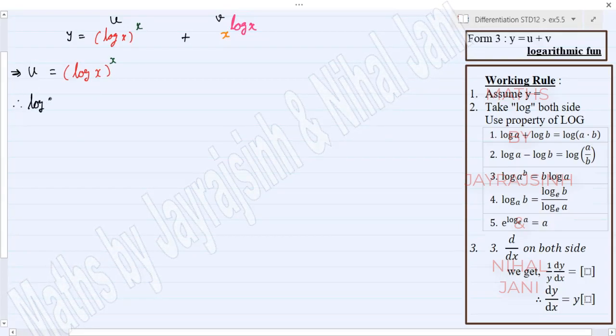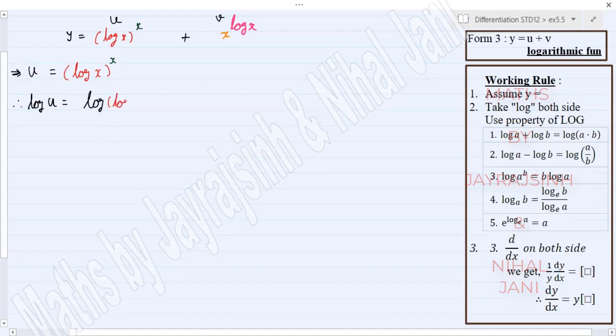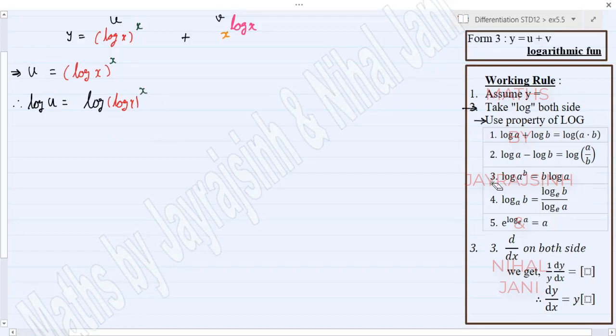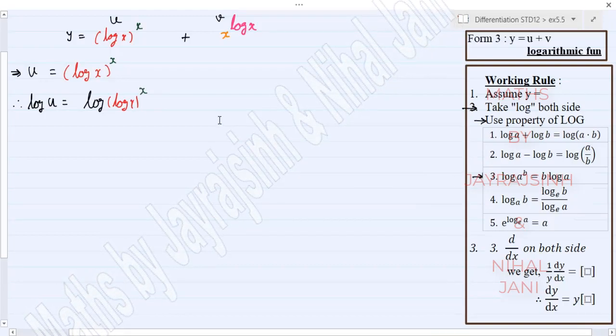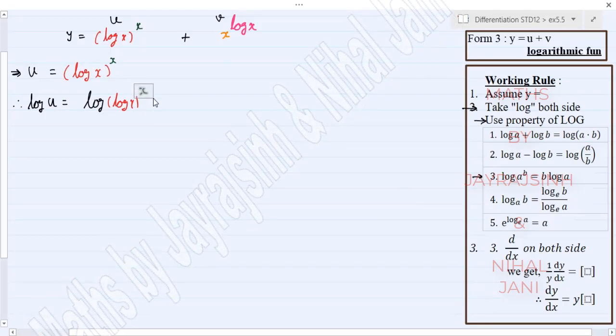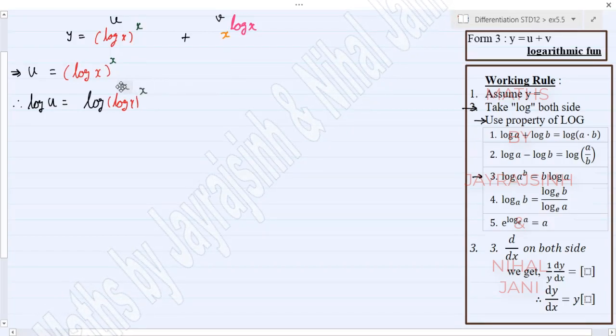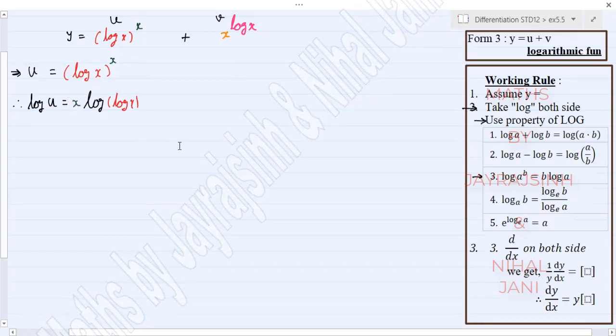Log u is log of log x whole raised to x. So to simplify our right hand side, we are going to use the third property, using which this x which is in power will go in multiplication of log.